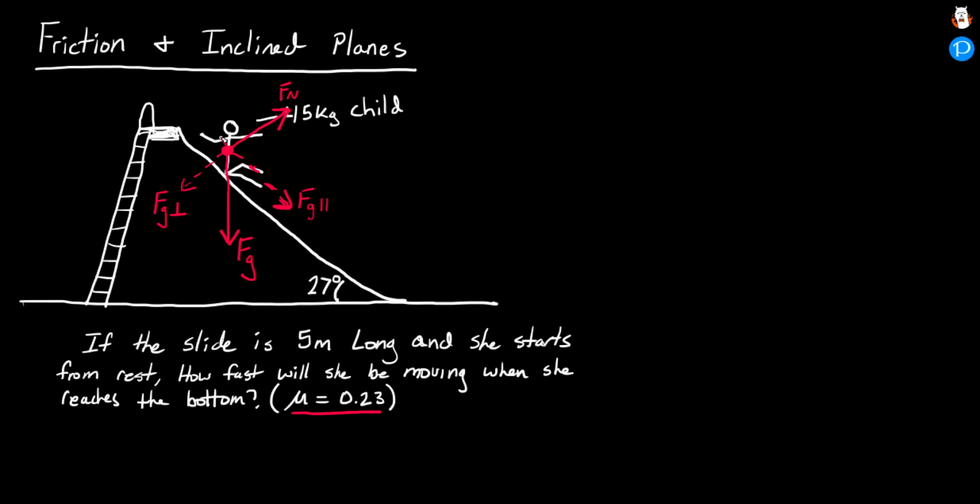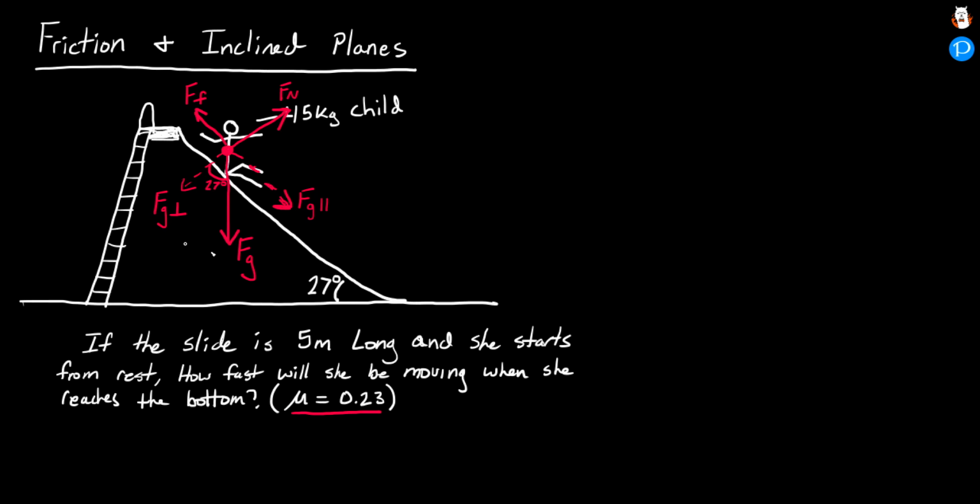So we know there is some force of friction from the slide pushing back against the child as they slide down this way. All right, so there's my force diagram. One last thing. Remember that if this angle is 27 degrees, that means the angle between the perpendicular component and gravity is 27 degrees right there.